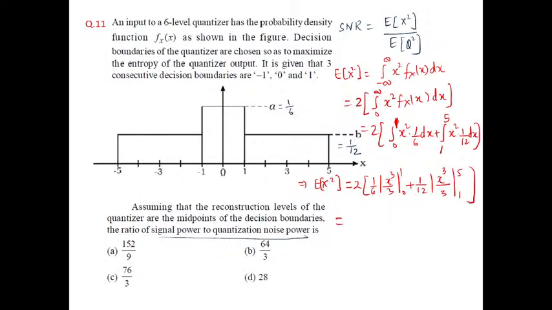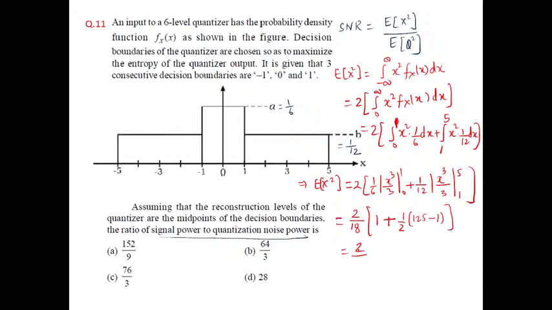So we can take out 6 and also 3. 6 into 3 is 18. So you can write 2 upon 18. Here you will get 1 cube minus 0, so you will get 1, plus, since we have taken out 18, 36, so 1 by 2 will be here. It will be 5 cube minus 1. 5 cube is 125, 125 minus 1 is 124.